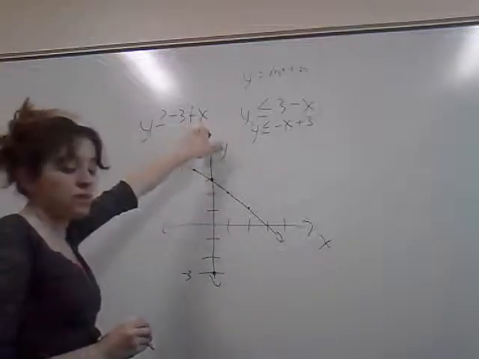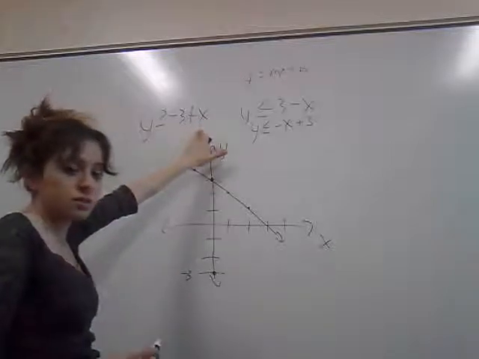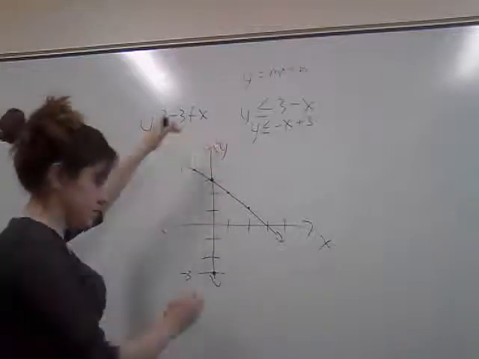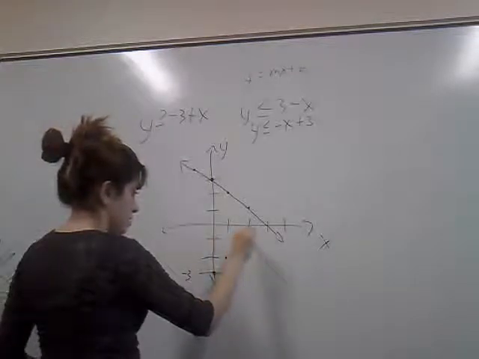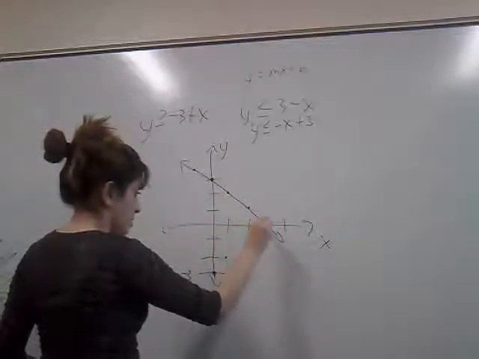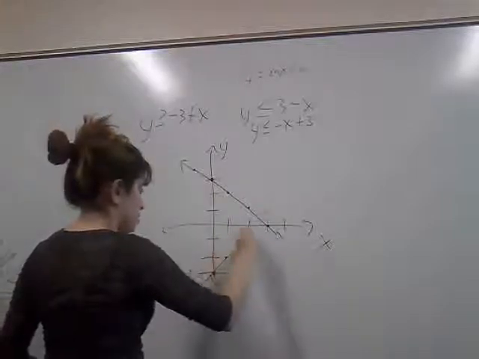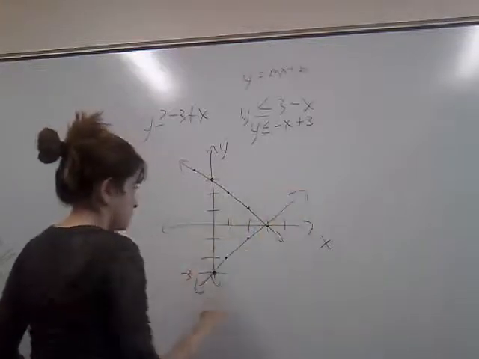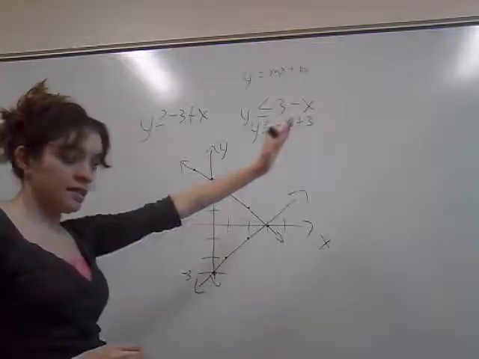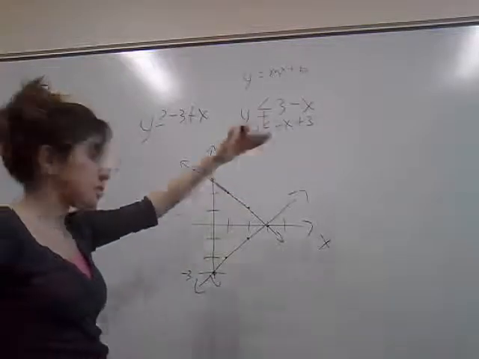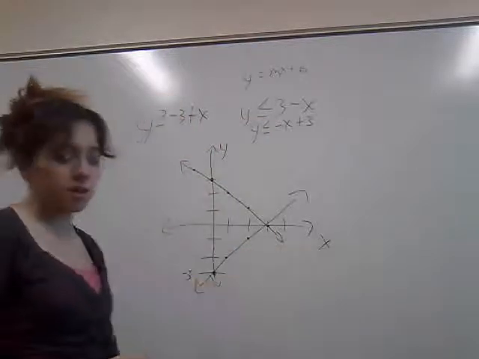The number in front of x is technically a 1, so that's our slope. So it's +1. And so just remember that a positive slope has this incline to it. It goes upwards, and a negative slope goes downwards.